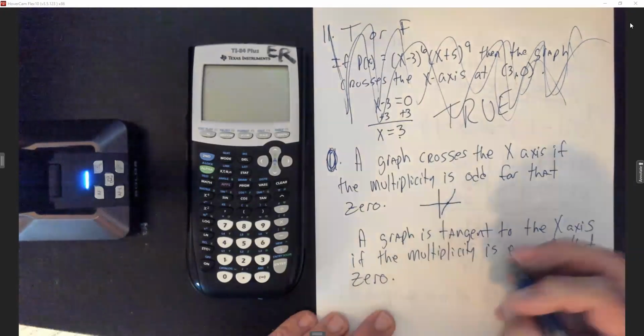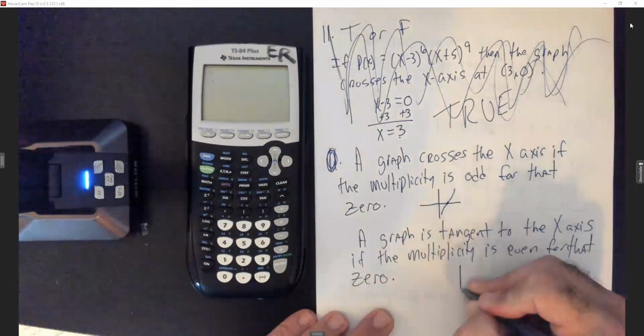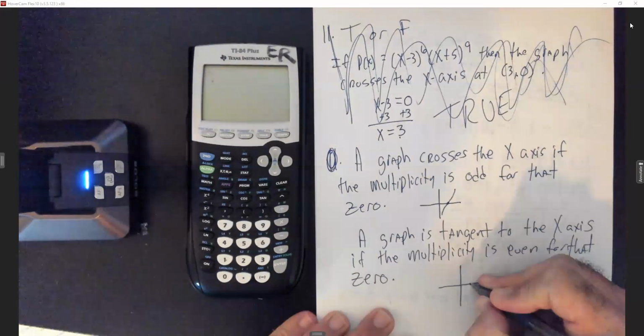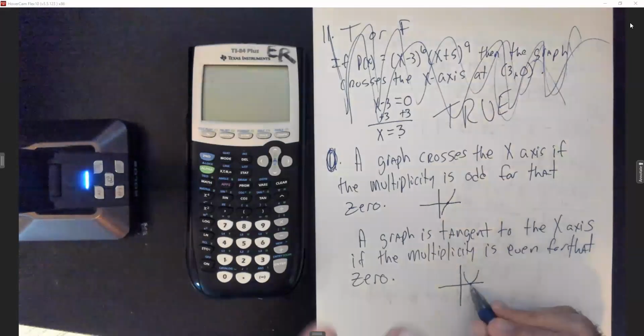So what we mean by tangent, if this was my x and y, a tangent would almost come down. It touches it, but it doesn't go through it, and it turns back up.